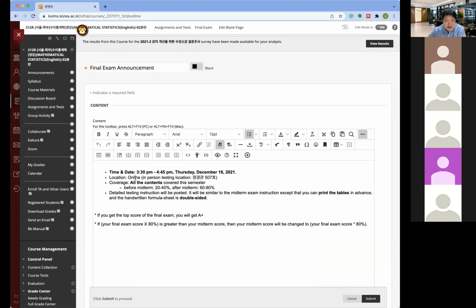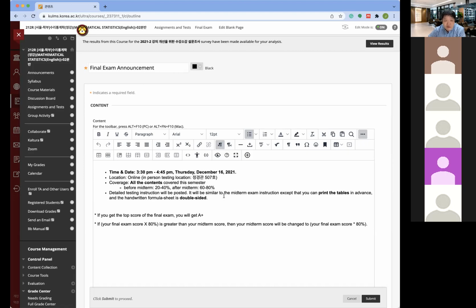But the difference is the coverage will be all the contents covered throughout this semester, and out of the 100%, 20 to 40% of the exam questions will be problems from the contents before the midterm exam, and 60 to 80% of the exam questions will be the contents that we've learned after the midterm exam.